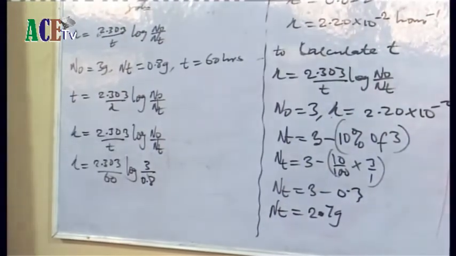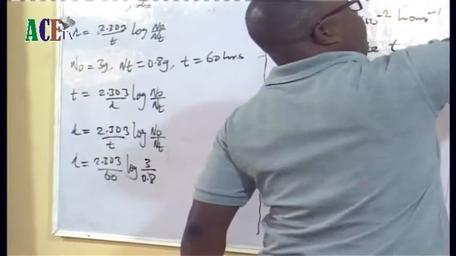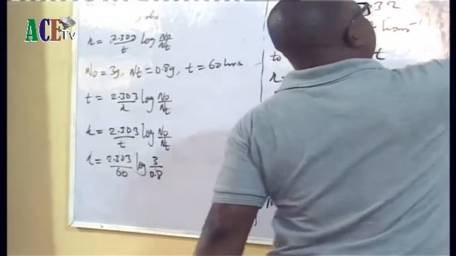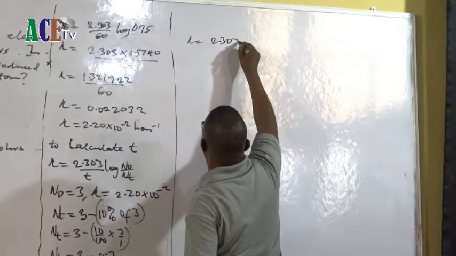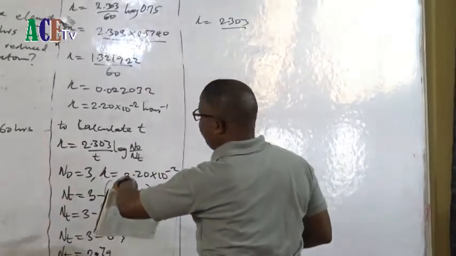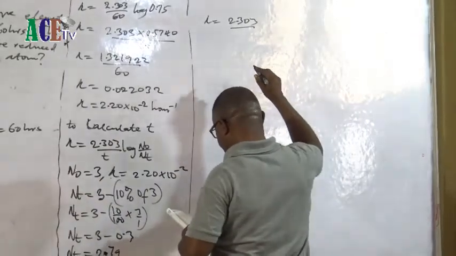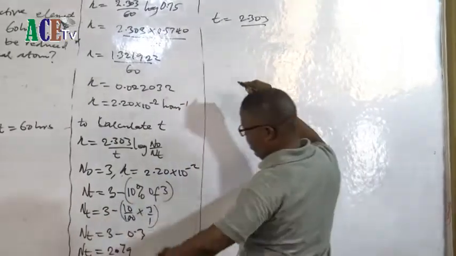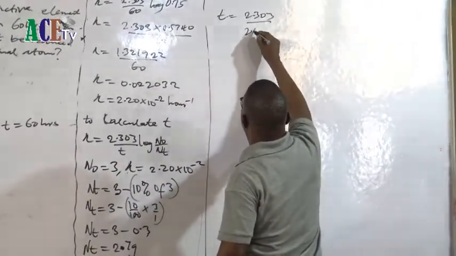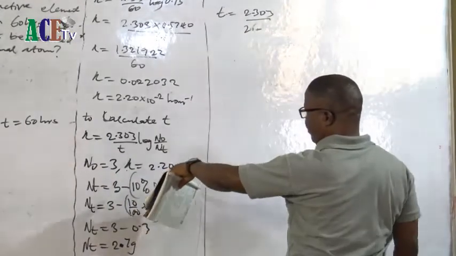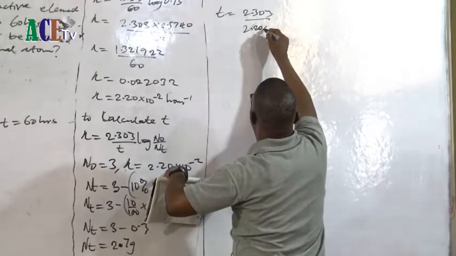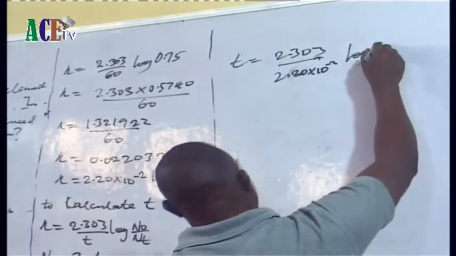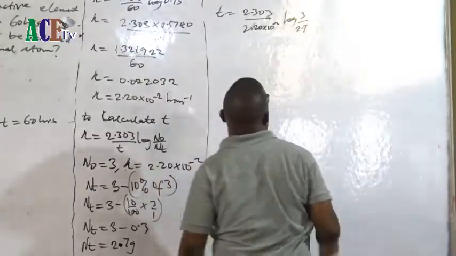So quickly, knowing the value of NT now, we are calculating T, so this is T equals 2.303 all over lambda. Lambda is 2.20 times 10 raised to power minus 2, logarithm of N0, which is 3, all over 2.7.